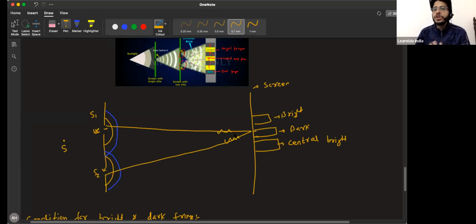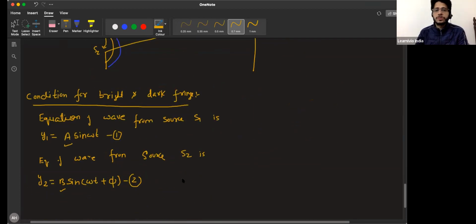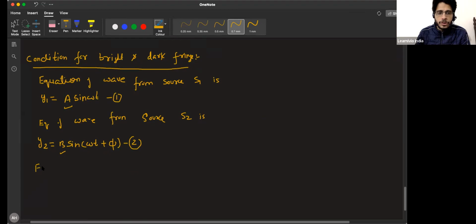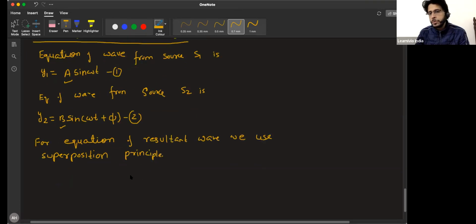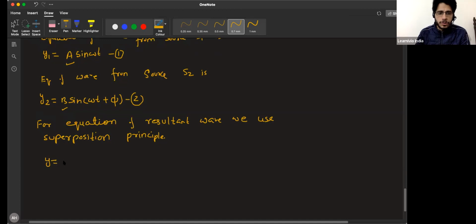For the equation of the resultant wave, we use the superposition principle.